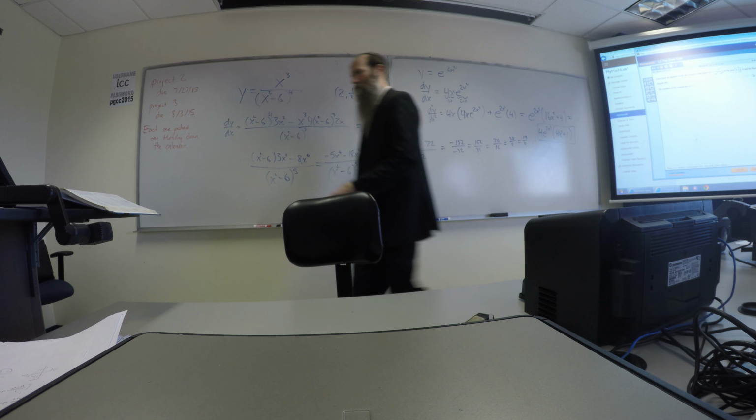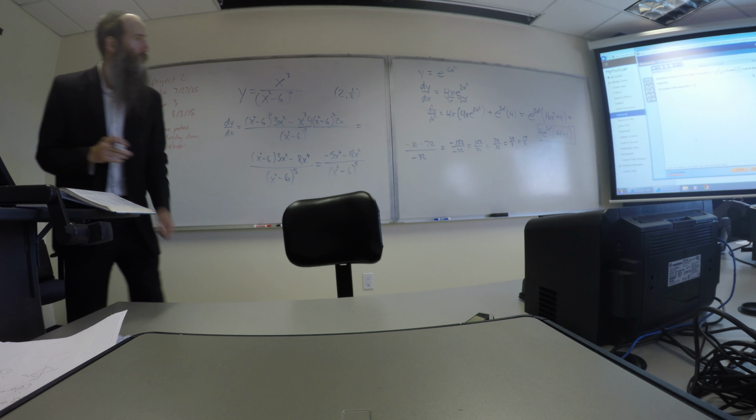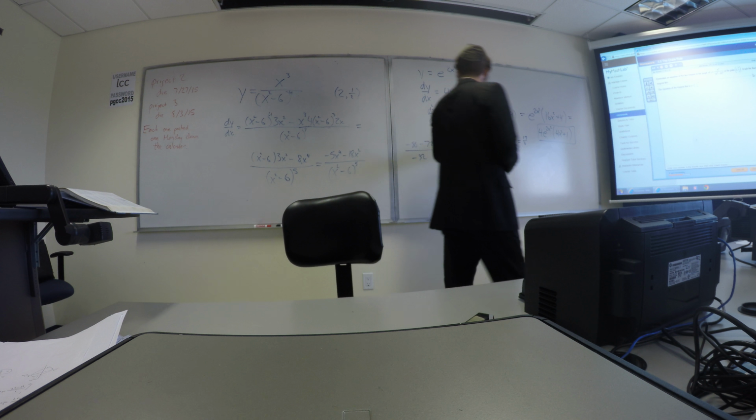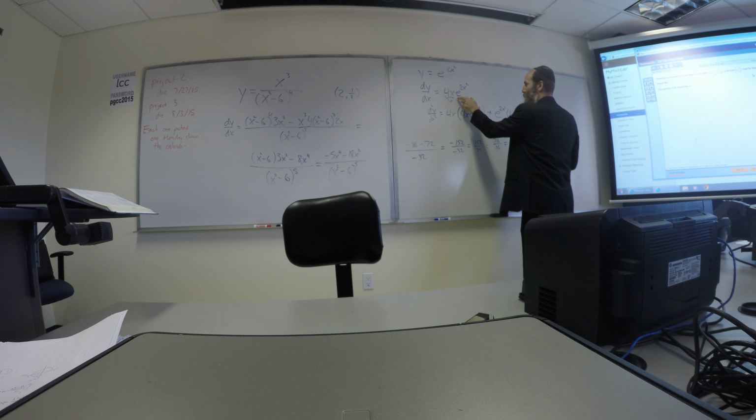Oh, okay. But you had that first one. So it's first times the derivative of the second, but the second is this. So I need the derivative of it right here.